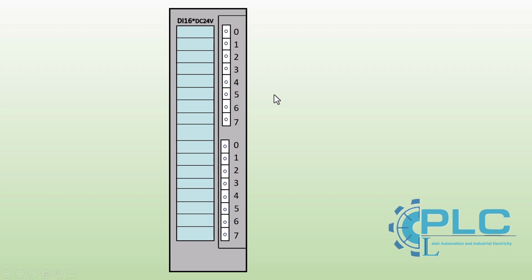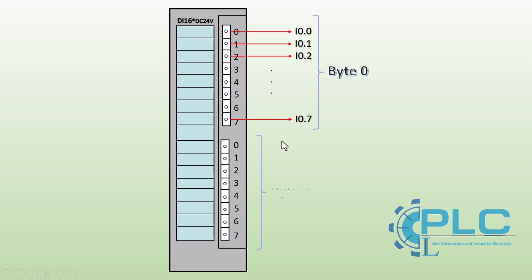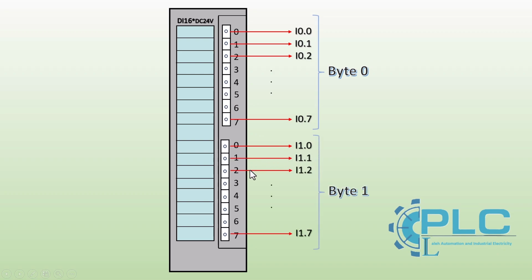Assuming the start address is 0, byte 0, first 8 inputs: I0.0, first input, I0.1, second input, I0.7, eighth and last input in byte 0. Byte 1, next 8 inputs: I1.0, ninth input, I1.1, 10th input, I1.7, 16th and last input in byte 1.